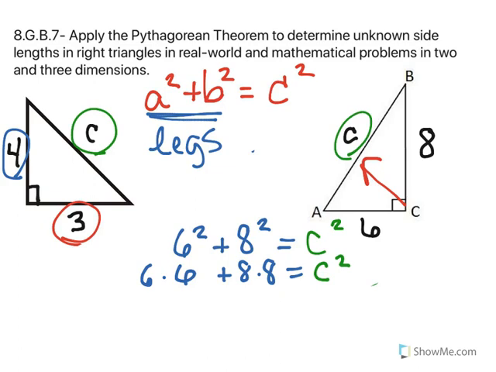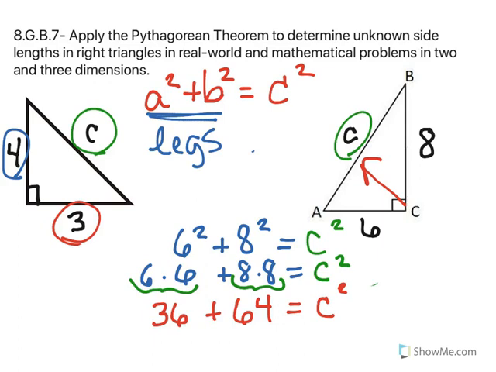It needs to be noted that that 6 times 6 is by itself. It needs to happen initially. So here we have 6 times 6, and that's going to give us our 36. And then we have 8 times 8, and that gives us 64.